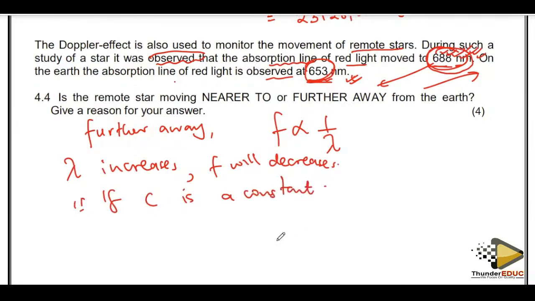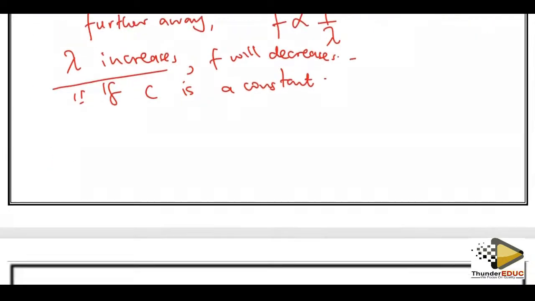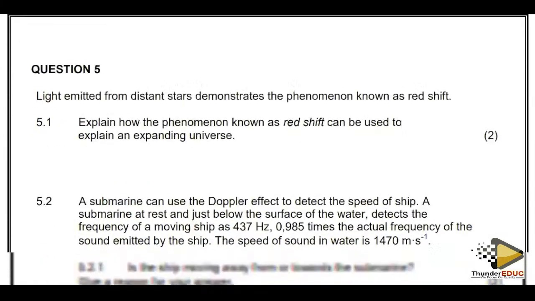It's moving further away because the lambda increases, the frequency decreases. In this case, what was observed on Earth was this much, so it brings about a lower frequency.